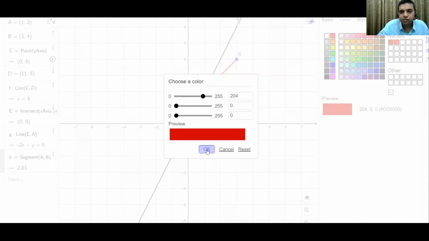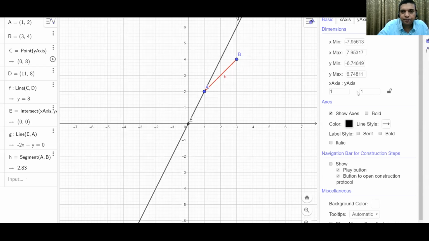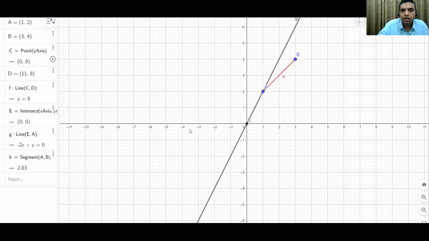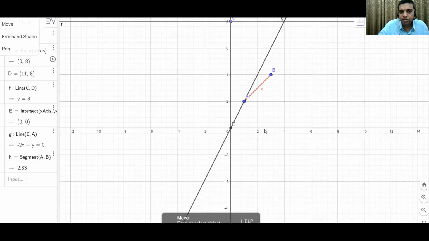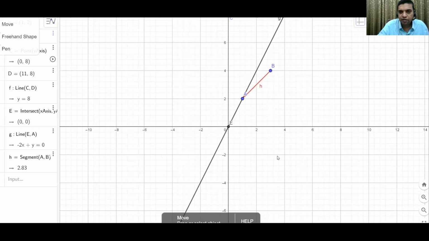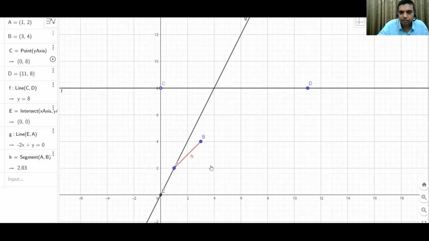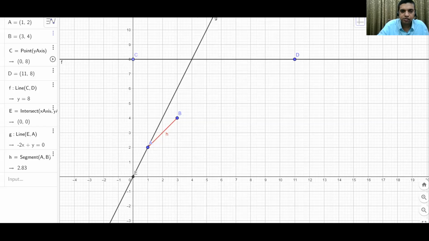All right. This segment AB, we are showing it in red color. Now, this is the rod AB, and this is the source of light. So the shadow from the extreme end, point A, reaches this point.